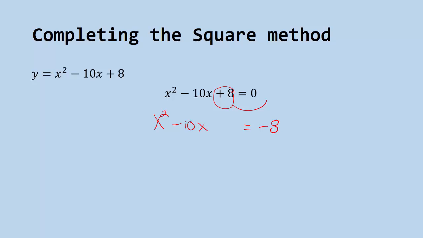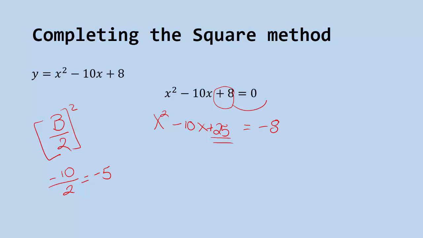So again, what we're doing now is we're going to take the middle term b, and we're going to divide it by 2. So in this case, we're taking negative 10 and dividing it by 2. And once we get that answer, we're going to square it, and that's what's going to go in this third term. So negative 10 divided by 2 is equal to negative 5, and negative 5 squared is plus 25.